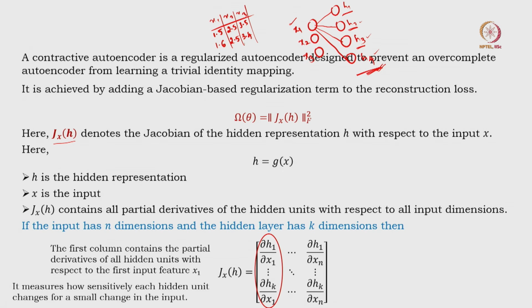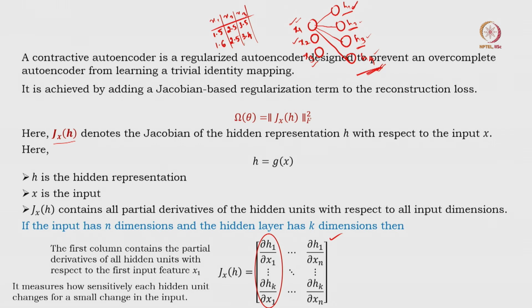Is it not this particular matrix that is telling us? Each element in this matrix says how much hidden unit h1 changes when there is a change in x1, how much h1 changes when there is a change in x2, how much h1 changes when there is a change in x3.